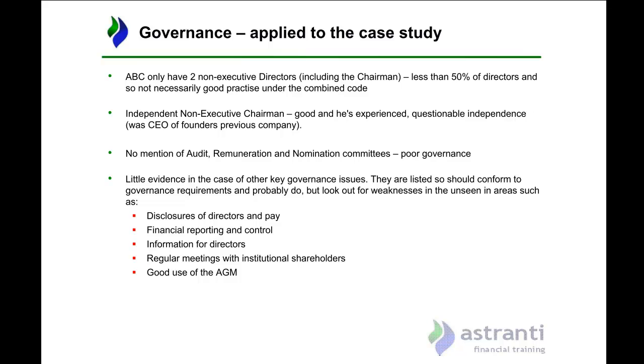Now, although he technically is independent, he was the CEO of the company the founders initially worked for, so they have a pre-existing relationship. It could have been that the founders brought him on as the chairman because they knew he would be a nominal chairman in a sense and just do what they said. On that note of nominal, it also mentioned in the pre-scene that Andrew, who was the CEO, was a nominal CEO.